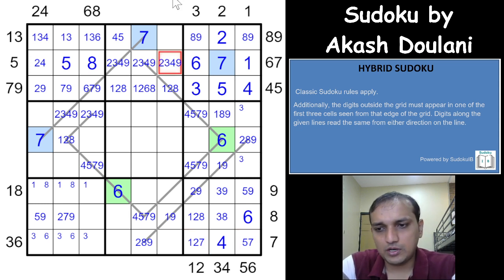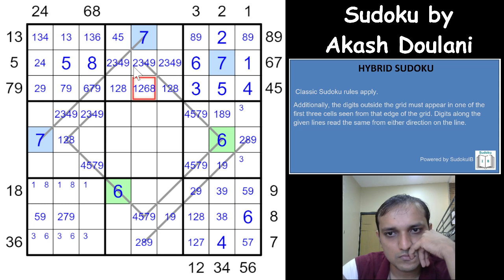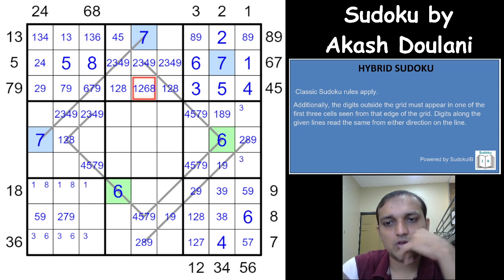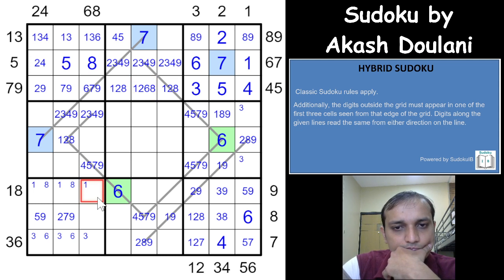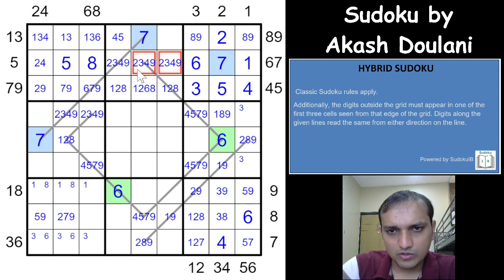So this 2, 3, 4, and a 9. Okay, what am I missing here? 3 is in one of these two cells.